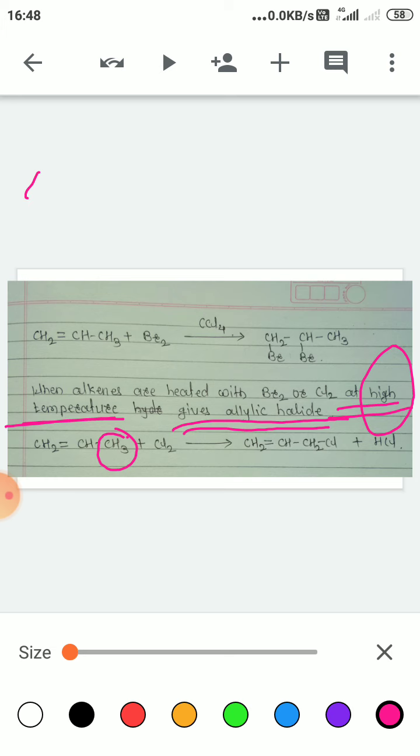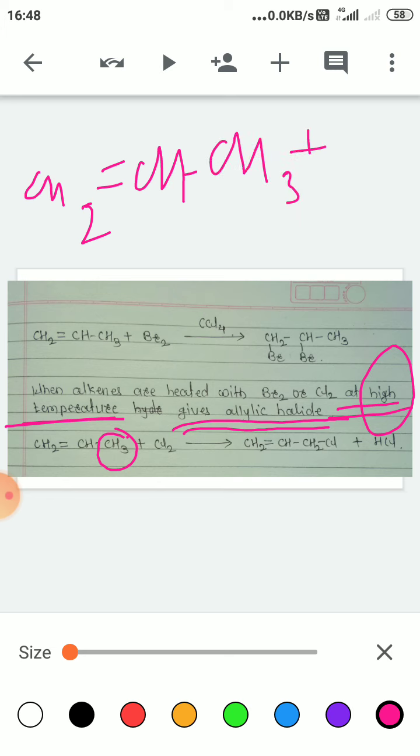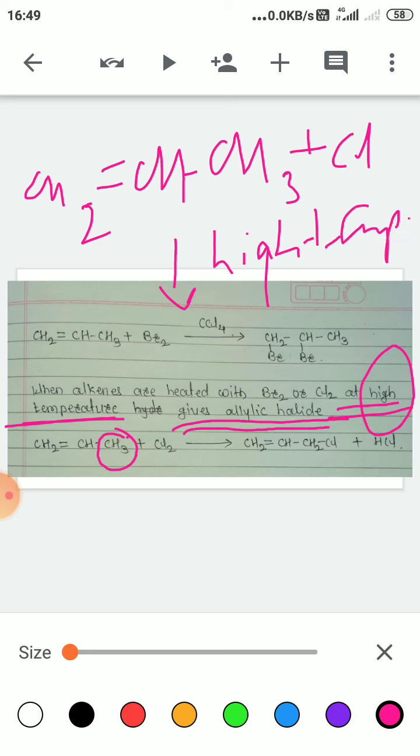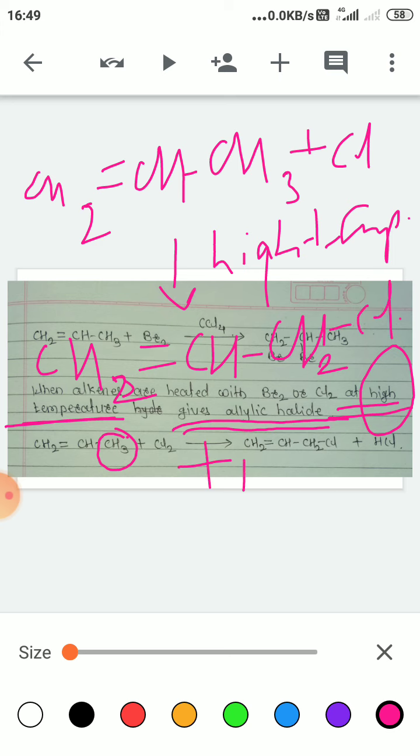Therefore if we consider here propene, CH2 double bond CH3, plus Cl2 or Br2, at high temperature, it gives CH2 double bond CH2 Cl plus HCl.